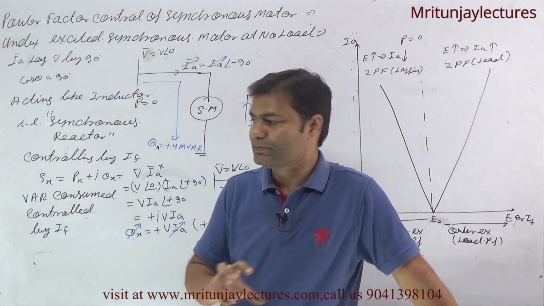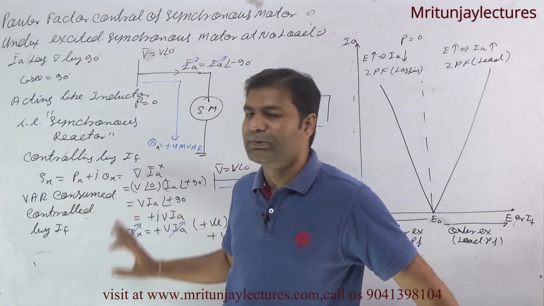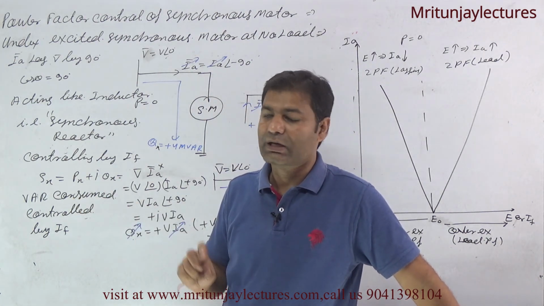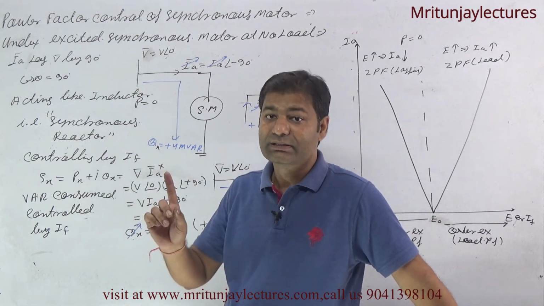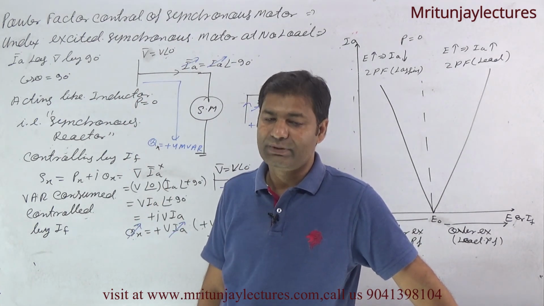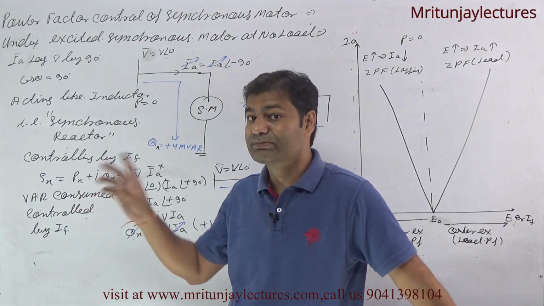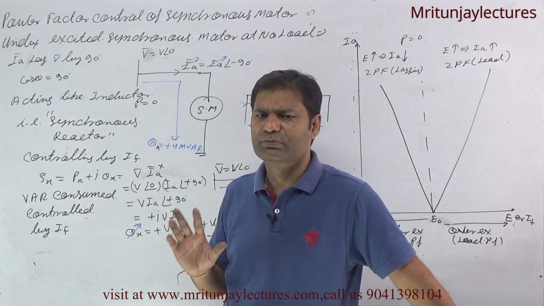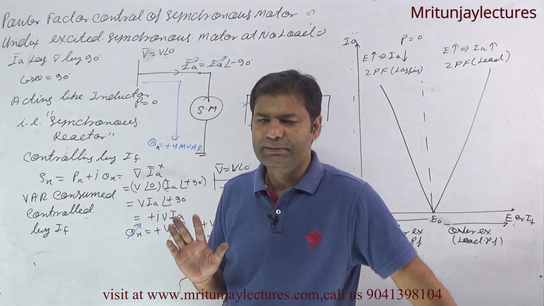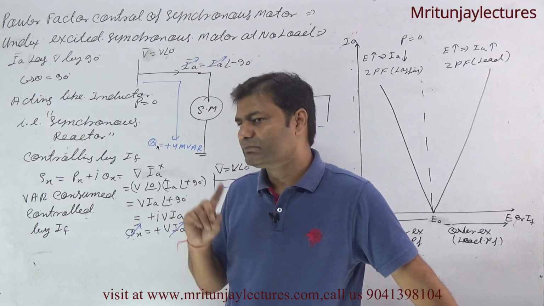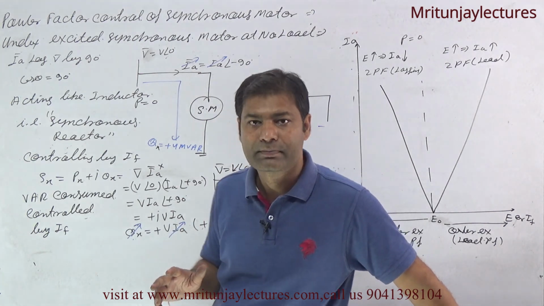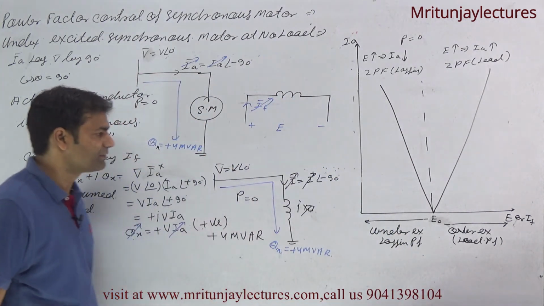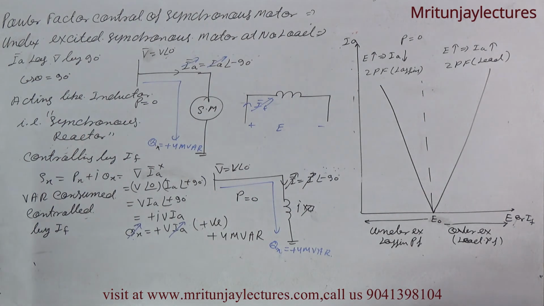The overexcited synchronous motor at no load behaves as a supplier. Why? Because Q is negative, so it behaves as a supplier. Clear? So first make this, after that we will discuss power factor control of the synchronous generator.